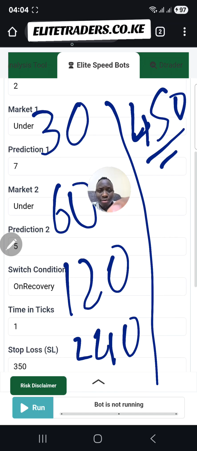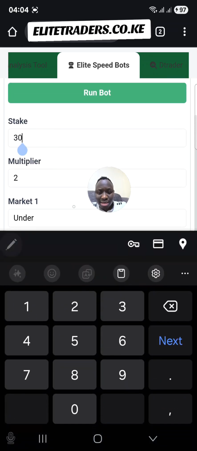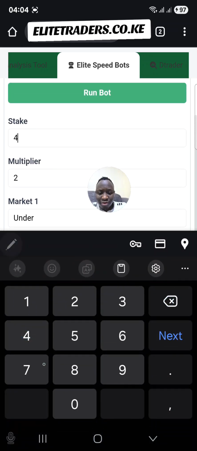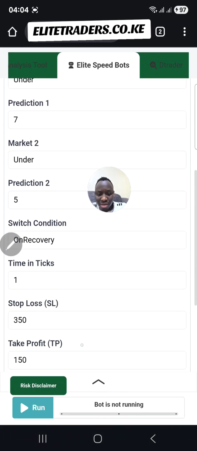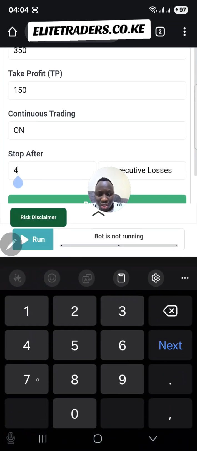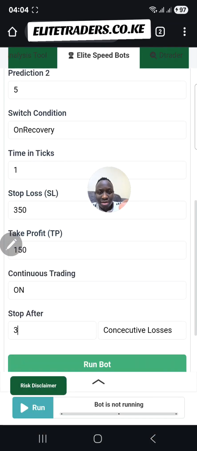So what we'll do, we will increase our stake to something like 40, so that we can hit our TP first. Then for our stop loss, we're going to take 3 consecutive losses. Let's see, with 40, how much are we risking?